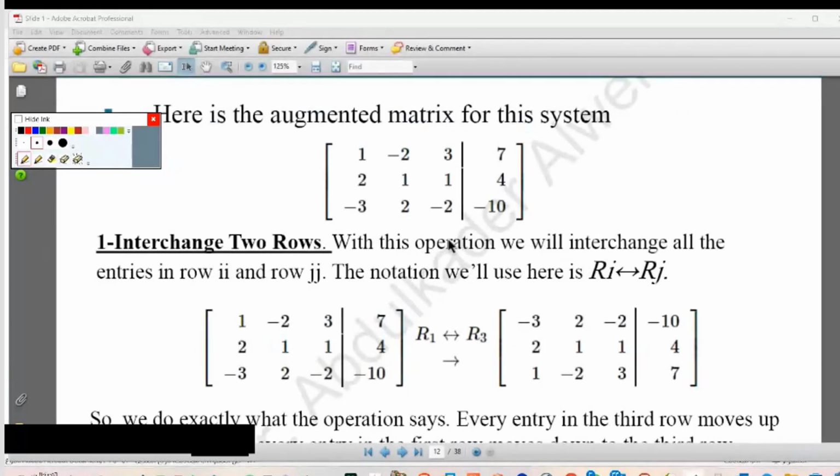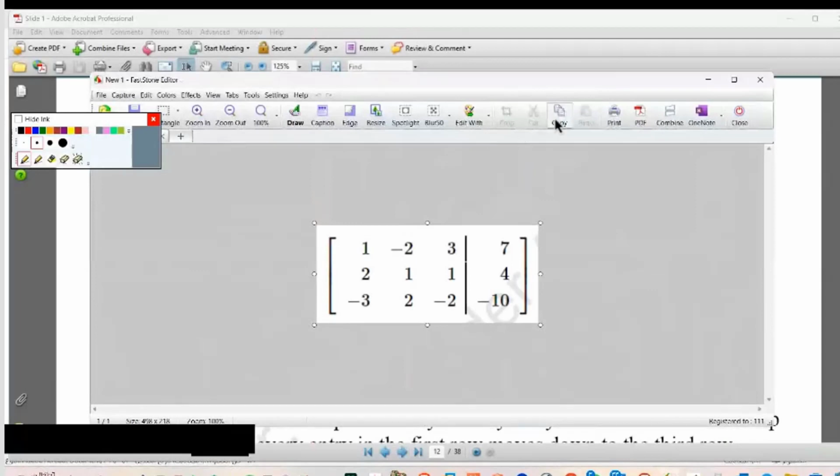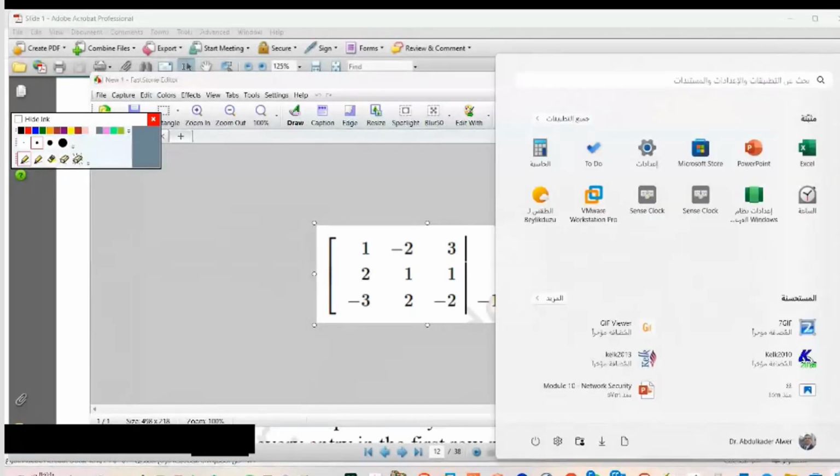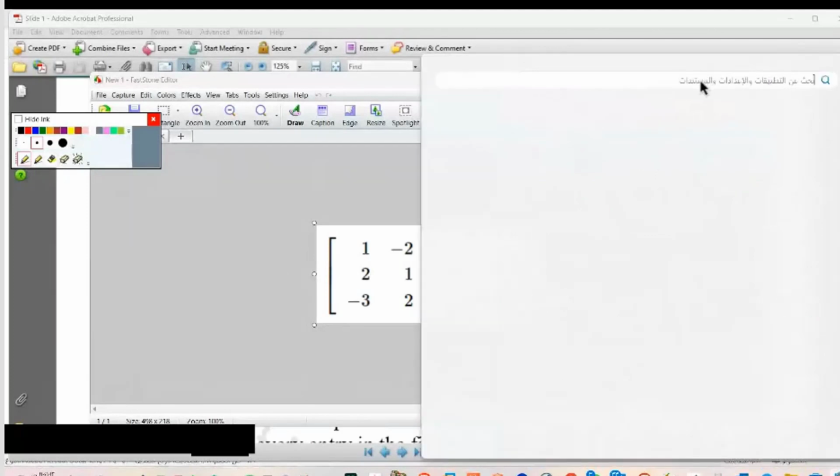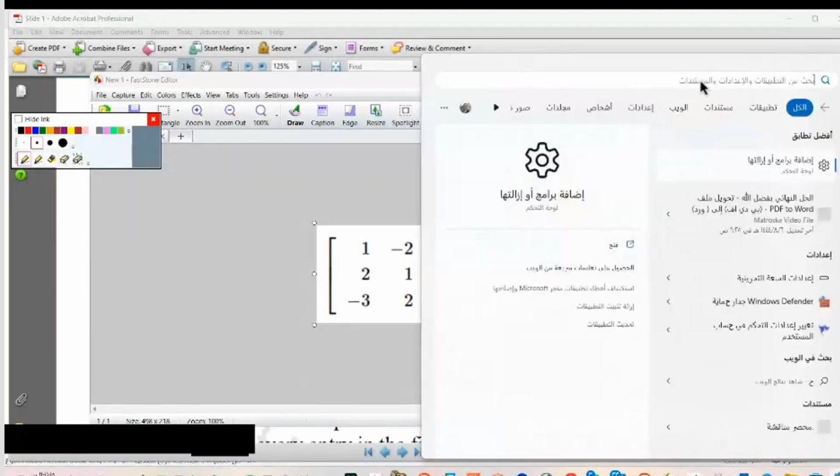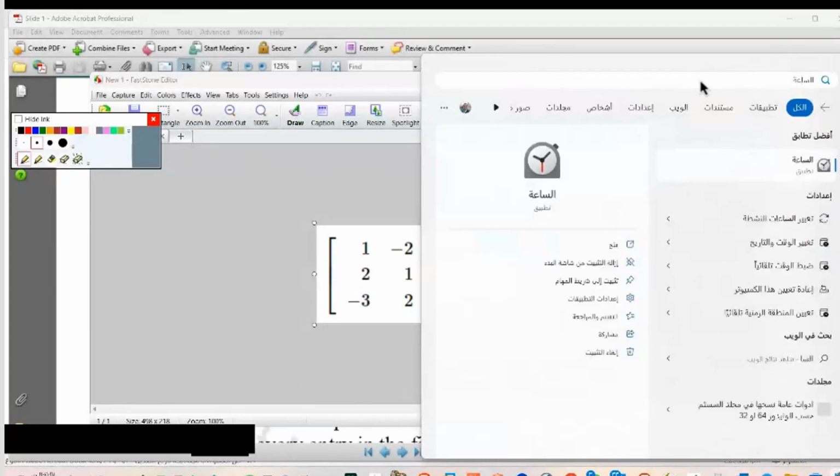Take this, this is the formula. I will use my method. Let's go to the painter and use the painter. Okay, let's do this.